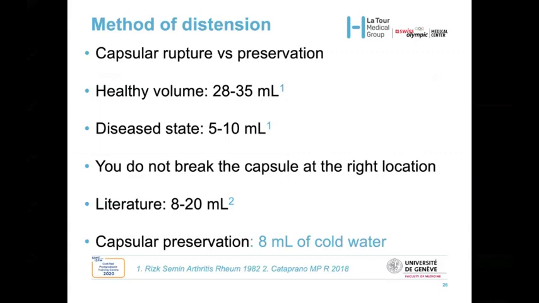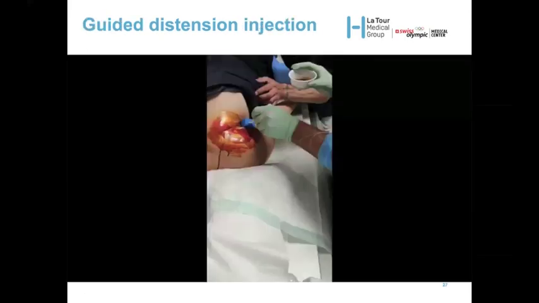The healthy volume of the capsule is usually between 28 and 35 in a healthy patient. With a patient that has a frozen shoulder, it's between 5 to 10 milliliters. So I just put 8 milliliters of cold water plus the steroid when I do my distension. And this is a very gentle distension. This is actually more to put in the corticosteroid.